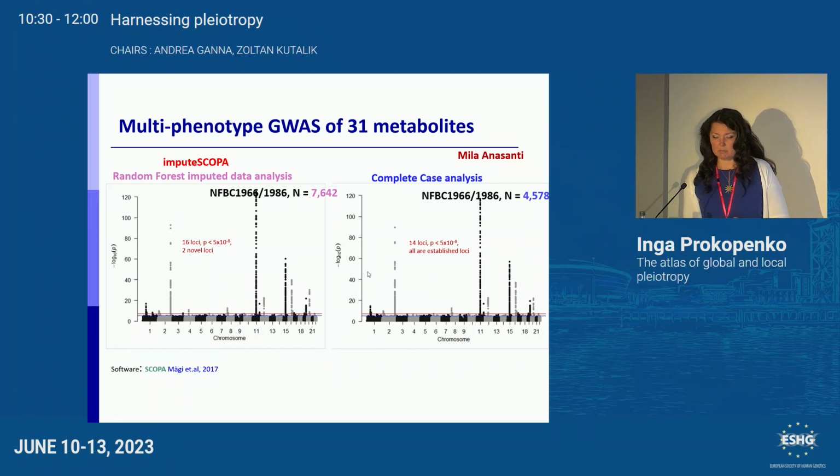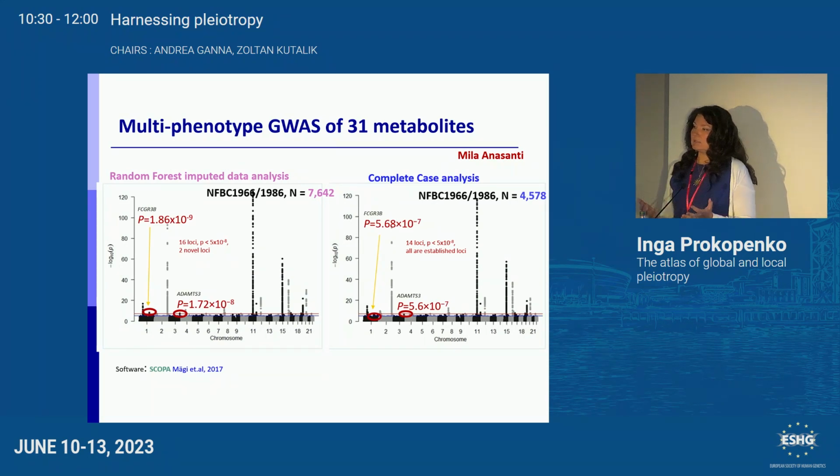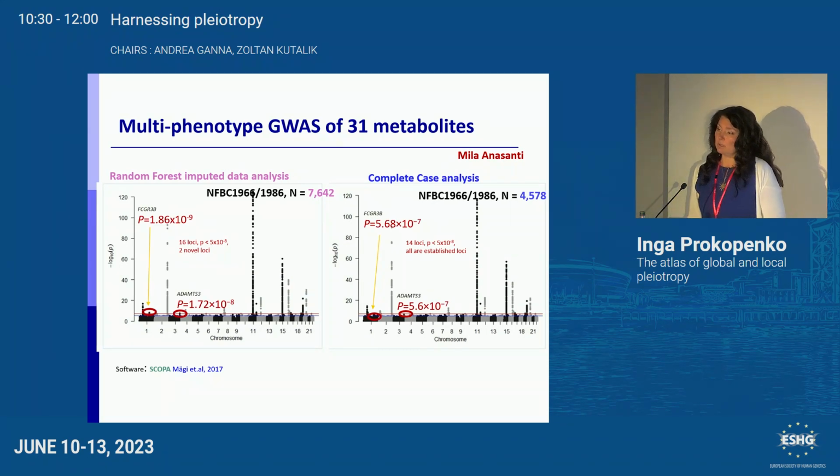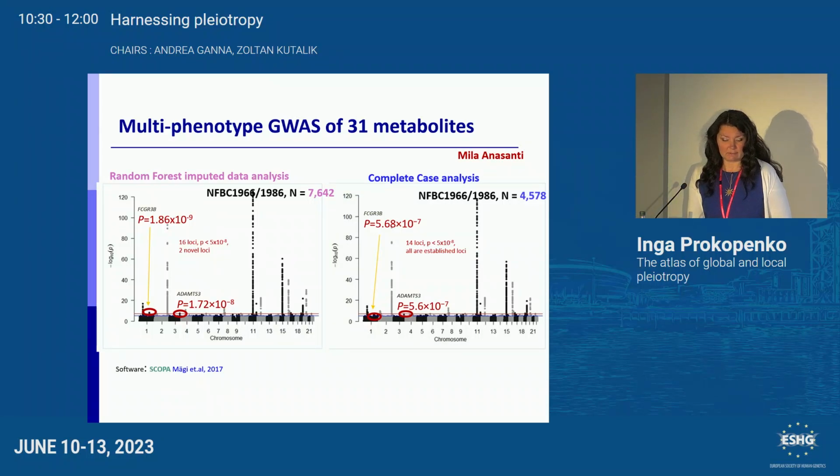And here I'm showing to you the same example, right? So there is an example with 4,578 people and complete case analysis. This is imputed. In a very small data set with 31 metabolites, we improve power by adding 2 loci to the analysis, and this helps us to improve power of our locus discovery.